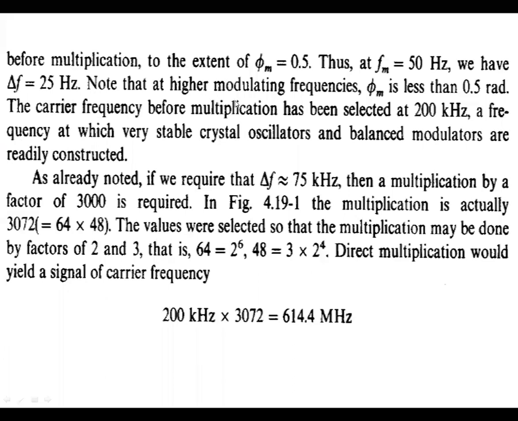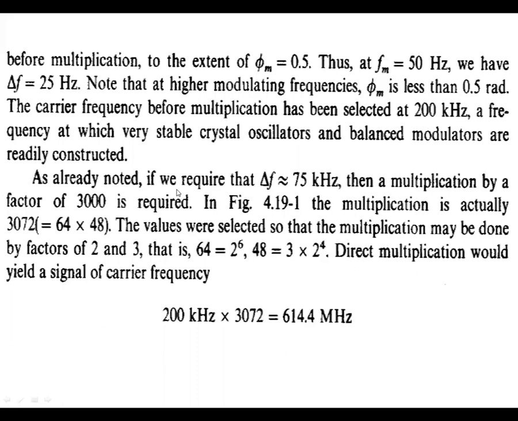So note that at higher modulating frequency, the phase deviation is less than 0.5 radian. The carrier frequency before multiplication has been selected at 200 kHz, the frequency at which a very stable crystal oscillator and balanced modulator are readily constructed.